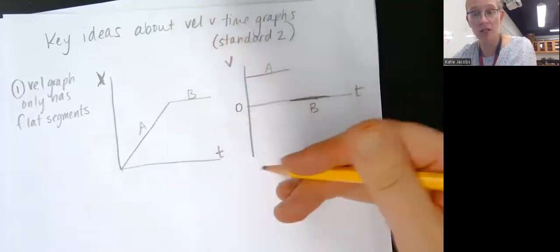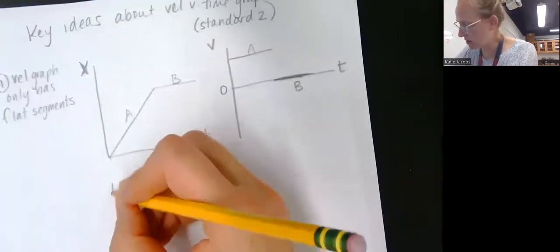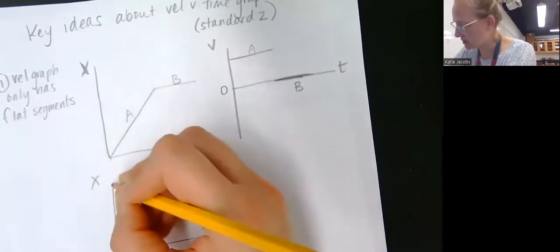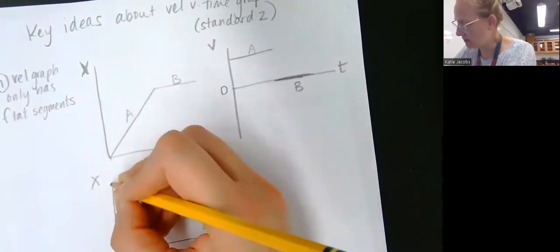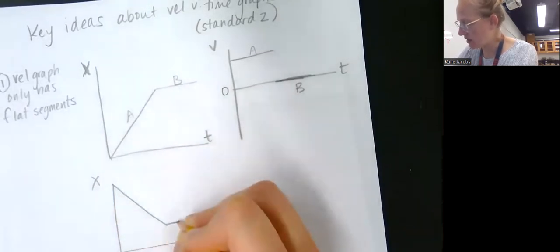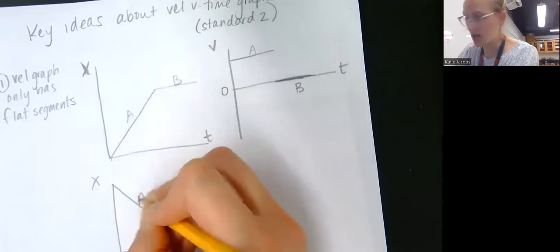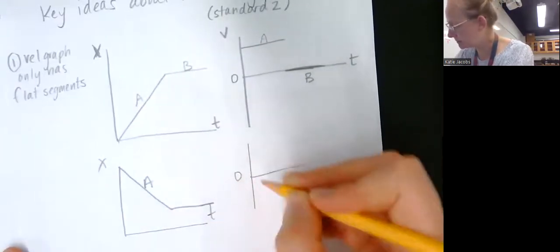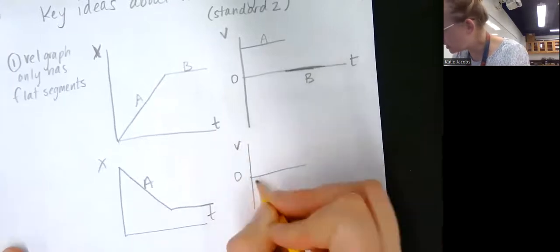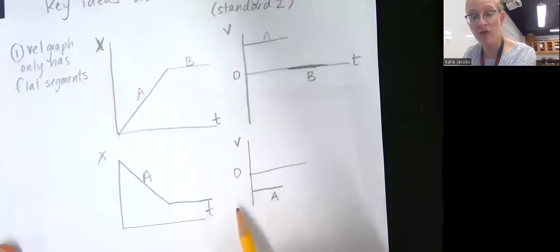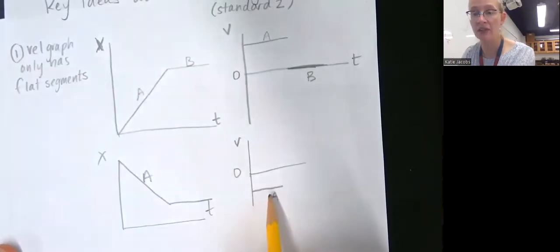If it's below zero, let's do a situation like this, where it starts away from the motion detector and heads towards it, and then is at rest. If there's a segment where it's moving in the negative direction, that will show up on the velocity graph below zero as a flat line, because that means I'm moving at a constant negative velocity.